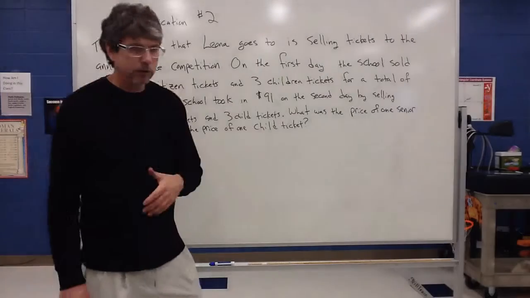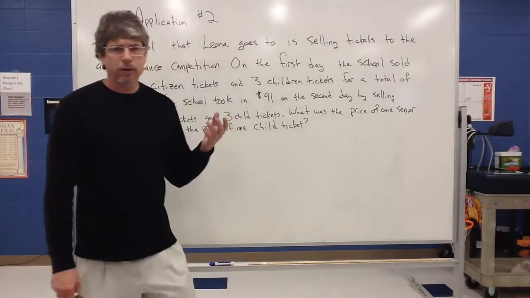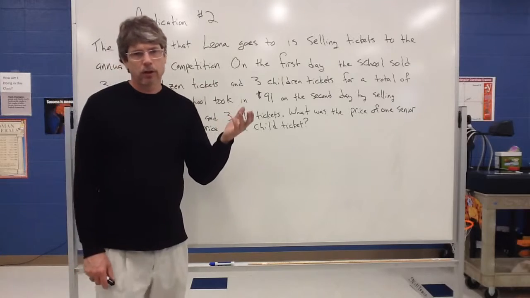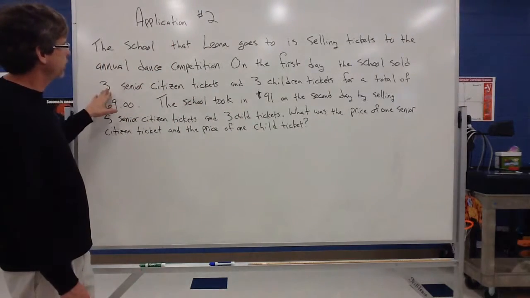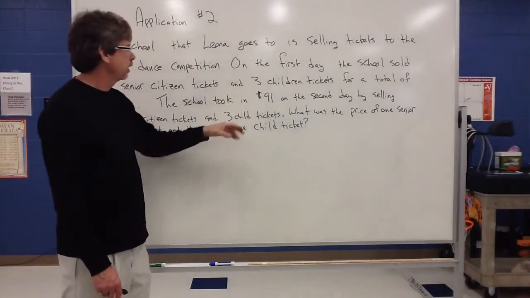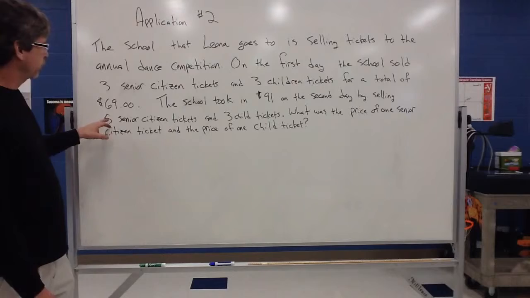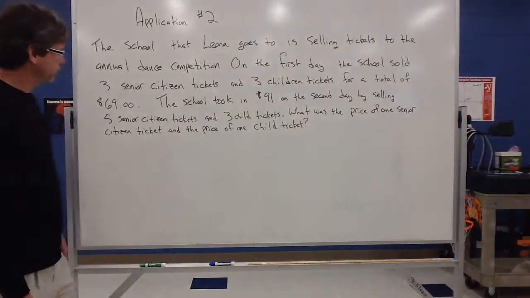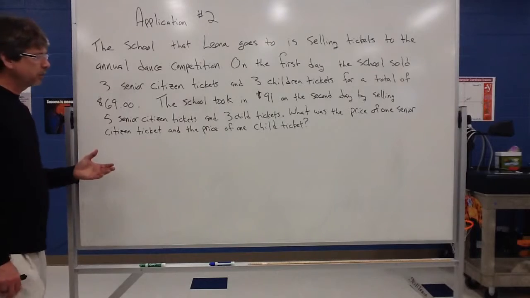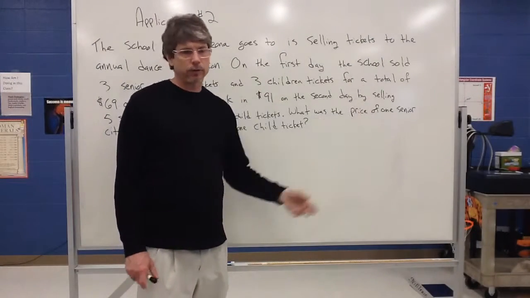Okay, so there's our run through. I kind of got a decent idea of this problem. You're selling tickets. We're selling 3 senior tickets and 3 child tickets, and we're making $69. We're selling 5 and 3, and we're making $91 on that second day. But the catch is, we didn't know what they were actually selling those tickets for.